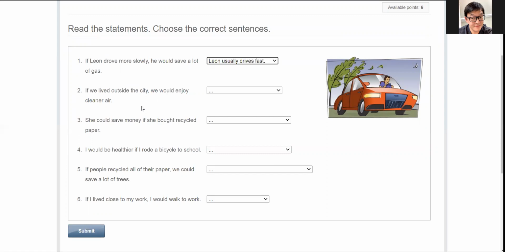Let's go to sentence number 2. If we lived outside the city, we would enjoy cleaner air. The options we have: we live outside the city now. We live in the city now. And the correct answer is, we live in the city now. Letter B. Okay.